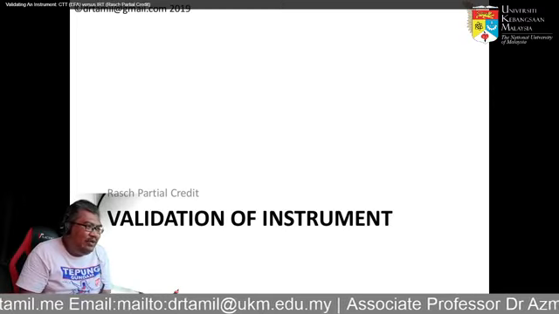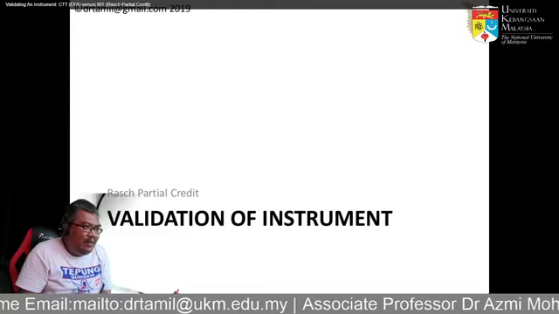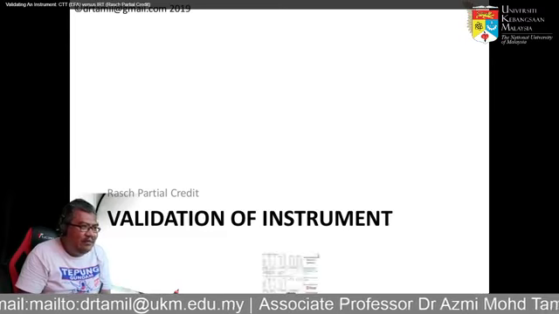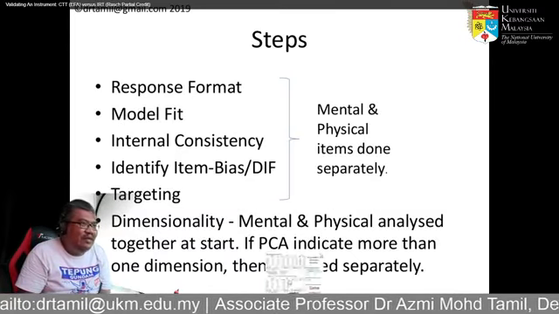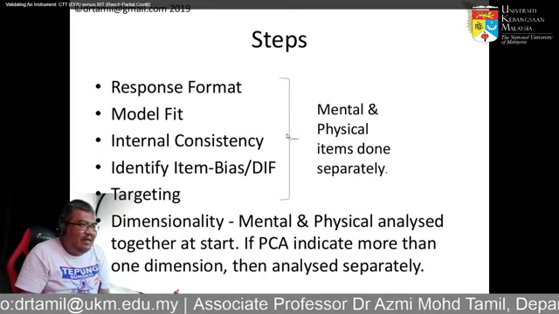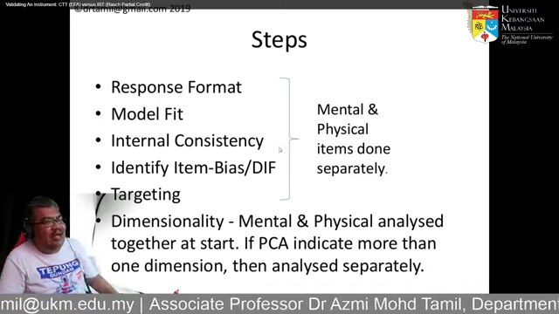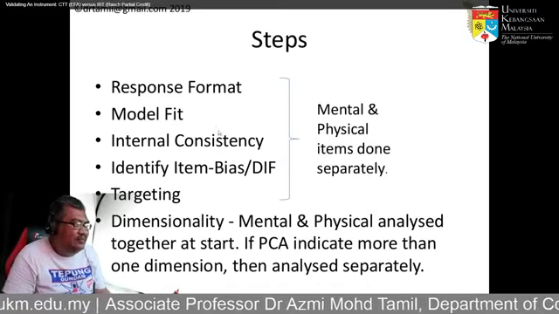Because as you saw, the fitness questionnaire has a 3-point scale. The mental health has a 5-point scale, or was it 6? Can't remember. So they have different Likert scales. Therefore, we call it partial credit.